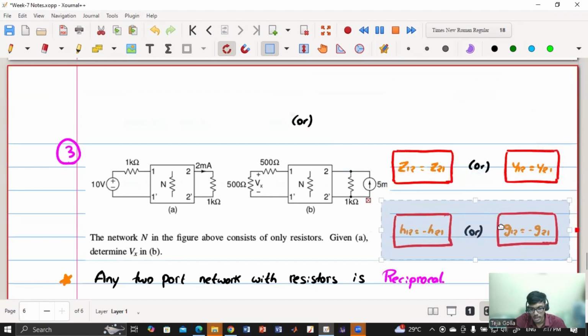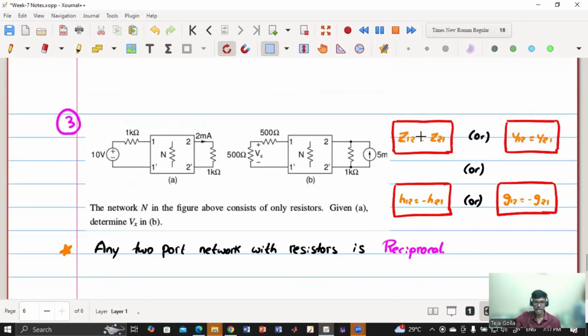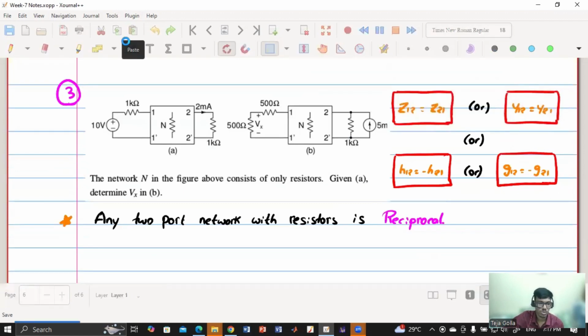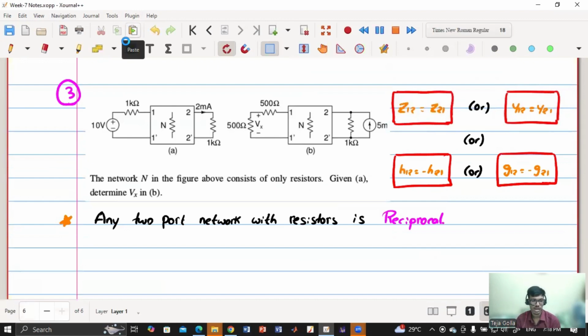In any question only one will be used, but we have to know which one to use. I can use this, this, this or this, but for the given circuit only one of them might actually fit, because in one case they are exciting it with a voltage, and in another case with a current. Right? Agree? Or do you have any doubts?